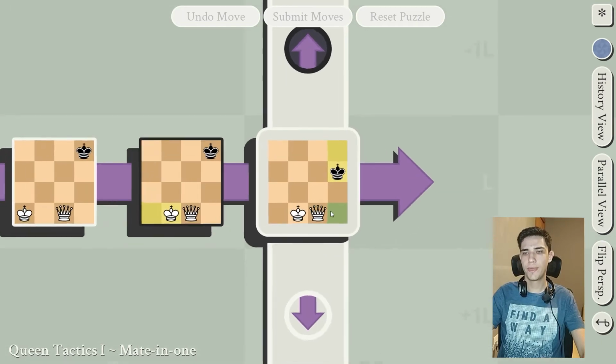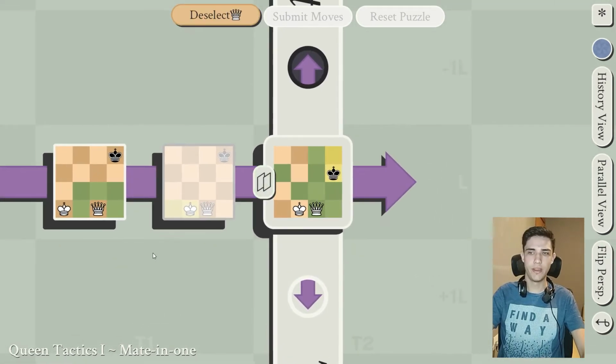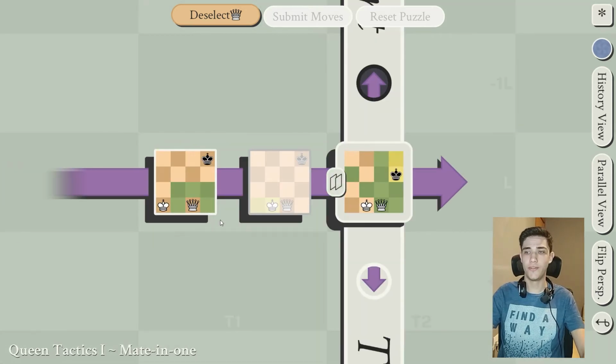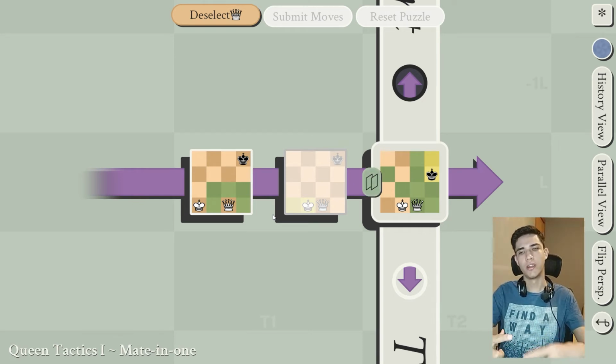The queen is very powerful, the most powerful, because she does the bishop movement plus the rook movement, but a little bit different. When she travels to the past or through parallel universes, she has a square around her.